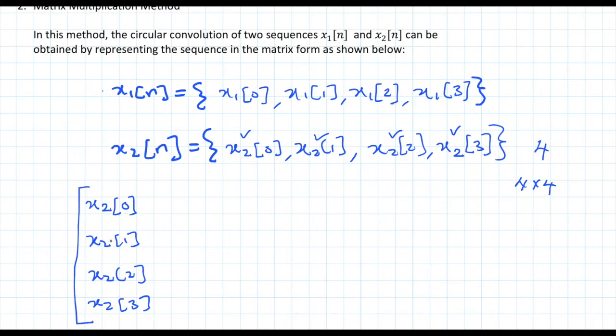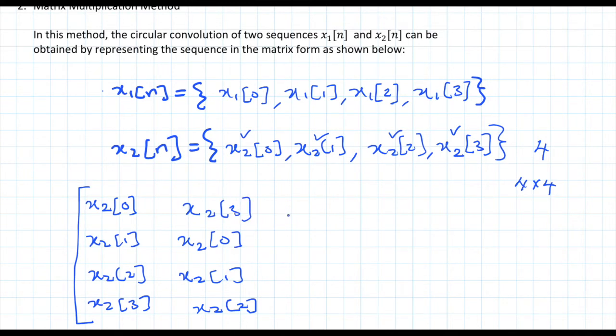In order to get the second column, you just shift the first sequence circularly. So x2 of 0 would be taking a place over here, then you write x2 of 1 here, x2 of 2 here. Then you will have to write x2 of 3 in the first row.